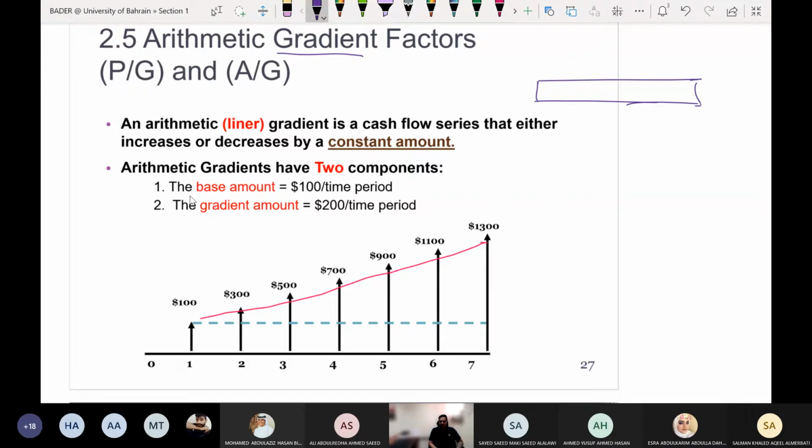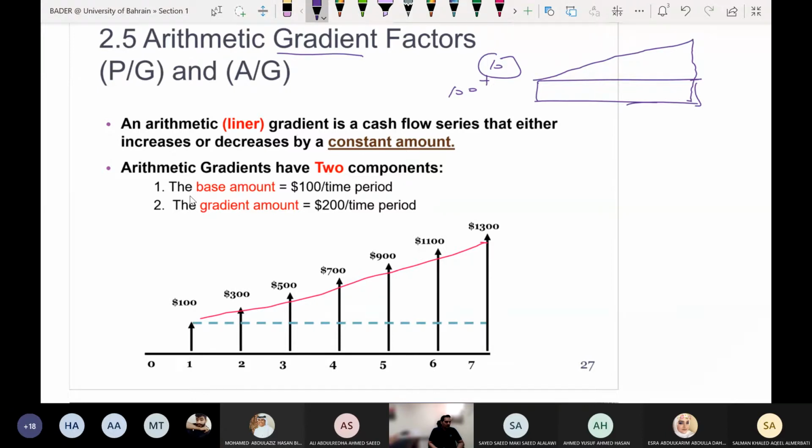So my salary could be 100, and then on a yearly basis it increases. Let's say the increase is 10 dinar. So I'm going to find out that I have a gradient, because it's a constant 10 that is added every year onwards.